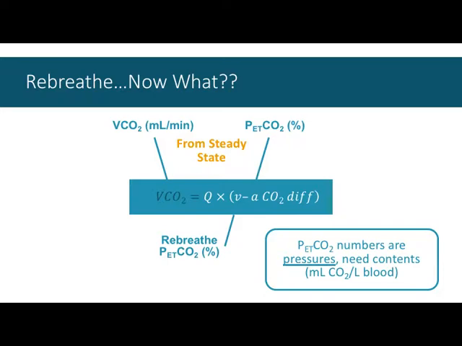Before we get into numbers and an example, I want to show you how we convert pressures to contents. When you get the data from the metabolic cart, you might get a percent. The first step in finding contents is to figure out the partial pressure from that percent. And we've done this already, right?